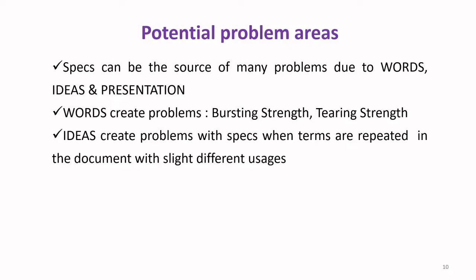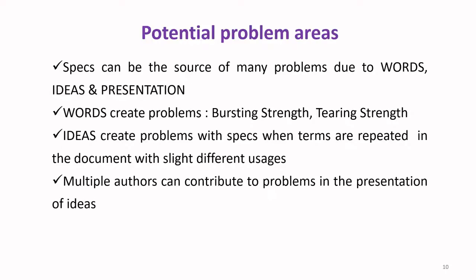In this case, a reader will get confused, because in one place good means something and in another place good means something else. So the slightly different usage of the same word in the same document creates problems. The author should strictly avoid such incidents.